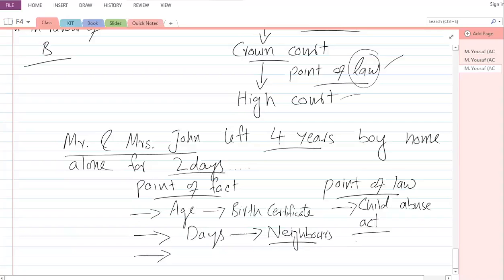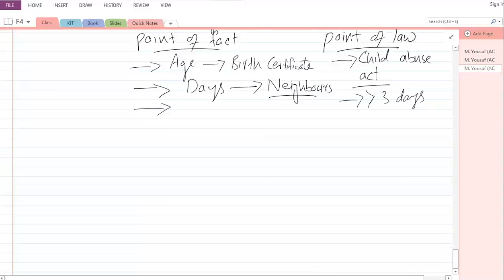According to that act, if the parents leave a boy home alone for more than 3 days, they are guilty and liable to penalty. So this is a crime according to the Child Abuse Act.